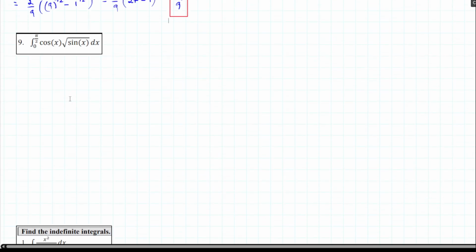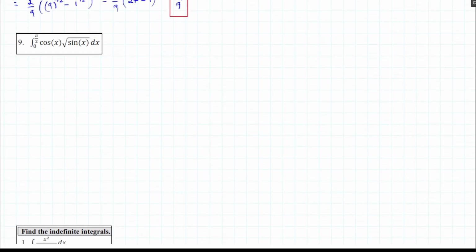Moving to the next question. So we have, inside the square root, sin x and cos x. So you can see the derivative of sin x, which is cos x, is available outside. So you can choose u equal to sin x.